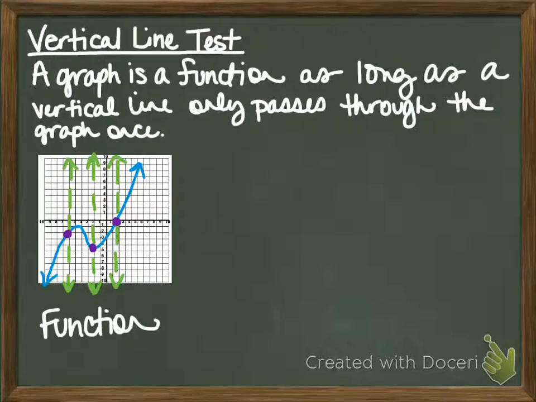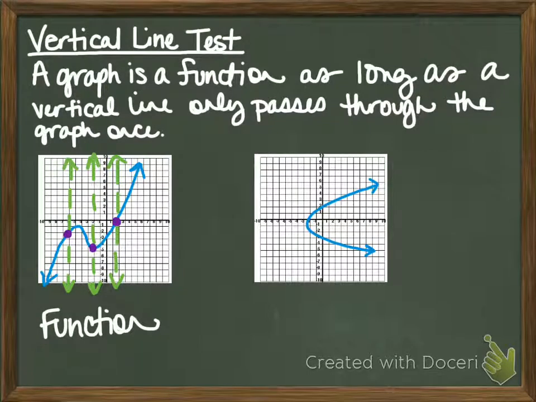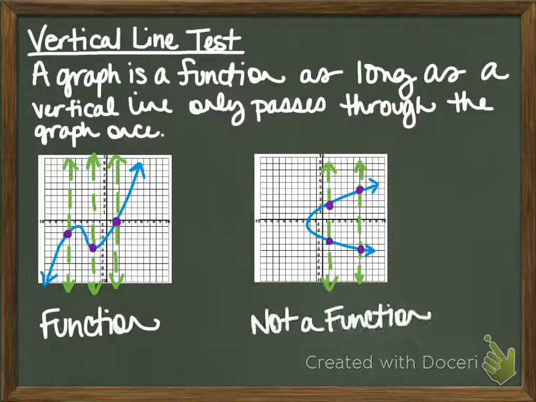But for this one, it only touches once on each line, so it is a function. Here's another example of an equation. If I draw several vertical lines, this one touches at more than one place. That means the x's repeat. So this is not a function. You need to be able to tell, looking at the graph and looking at an equation, what types of equations will represent functions or not.